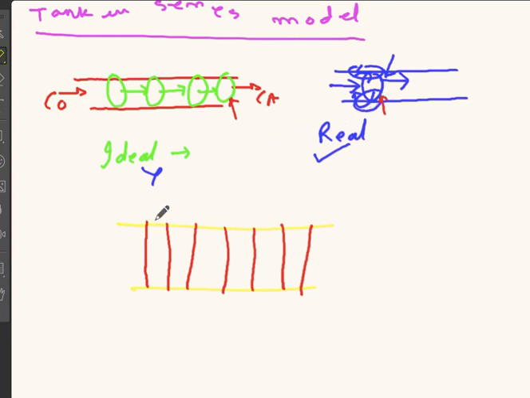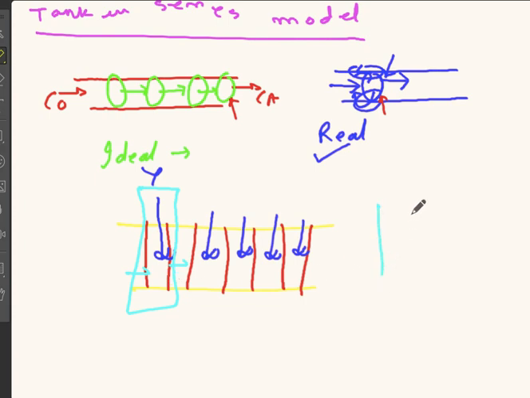So if I say that in this PFR I have made very small sections and I have put an agitator into them so that the mixing occurs. Now if you just consider this one part, what is this? This is a CSTR. Perfect.